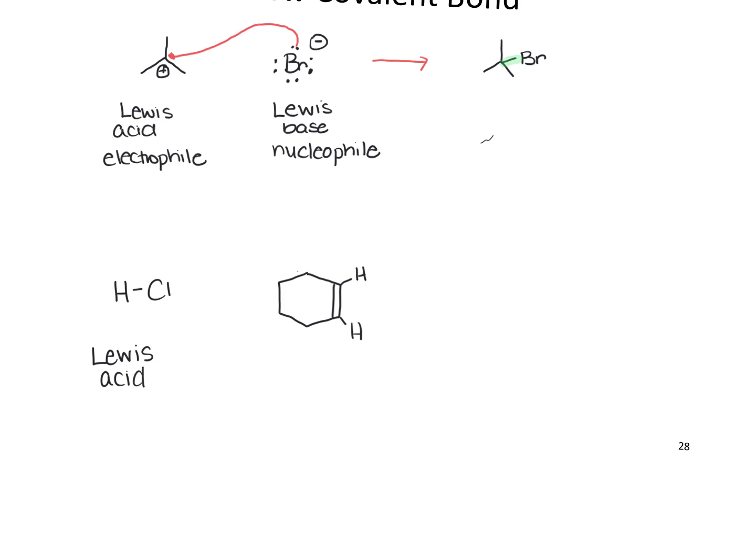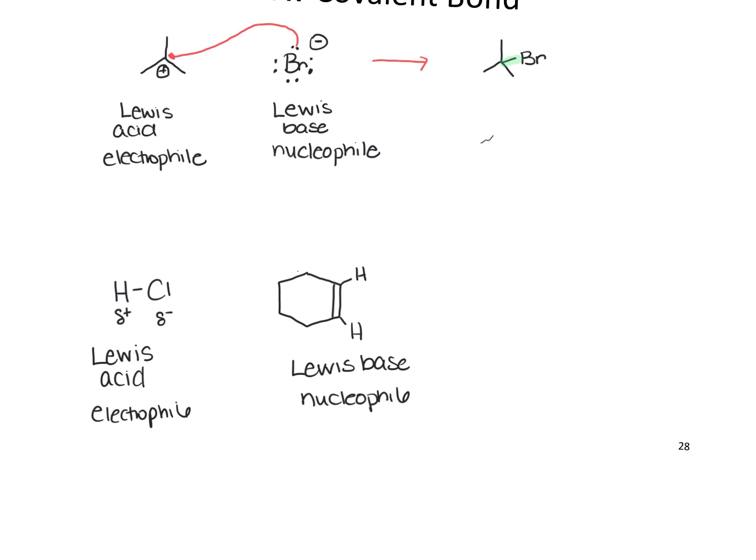And we need to remember that chlorine is very electronegative, and that makes hydrogen electropositive. So there's this partial positive charge on the hydrogen. And then we need to remember that this double bond has lots of electron density. It's a sigma bond, it's a pi bond. And so there's just lots and lots of electron density there. So because there's lots of electron density there, that makes it a Lewis base. So that's going to be a nucleophile. This Lewis acid here is an electrophile.